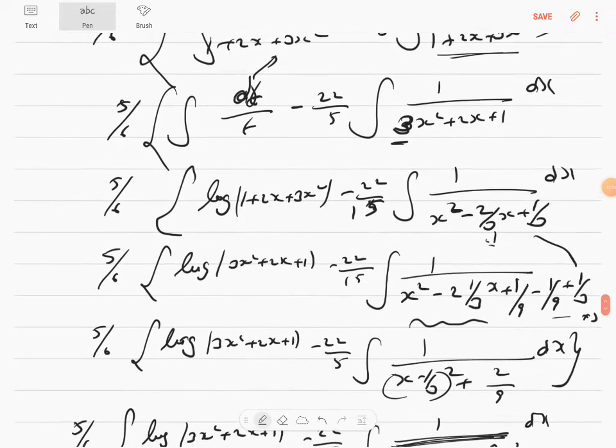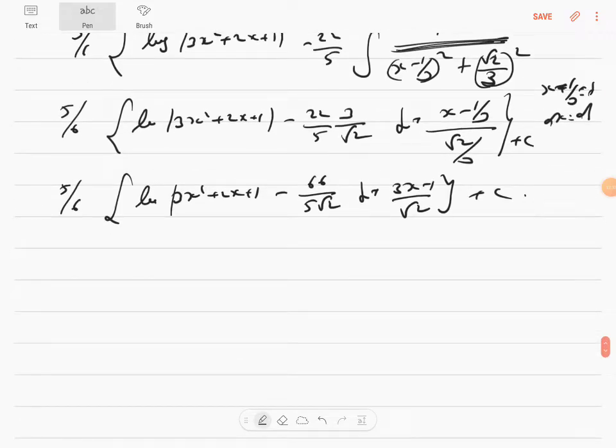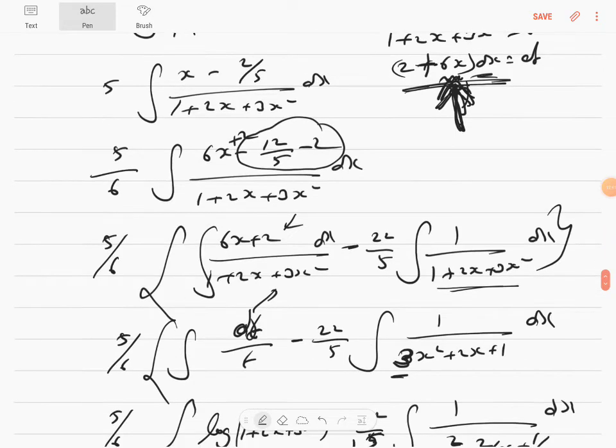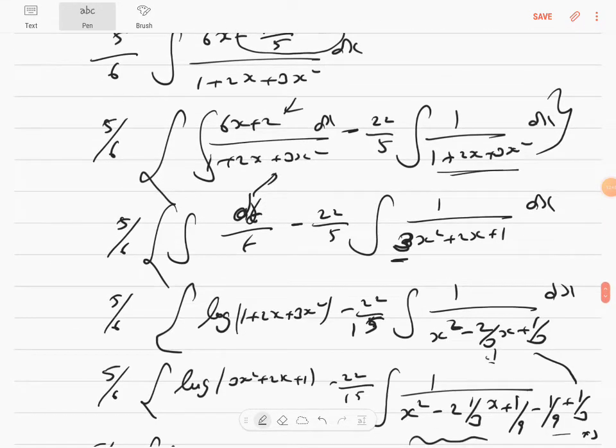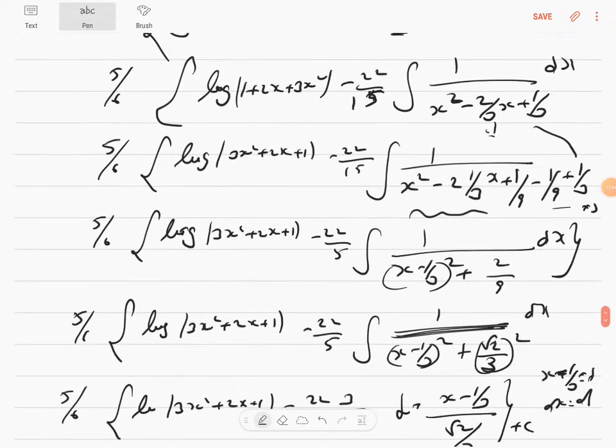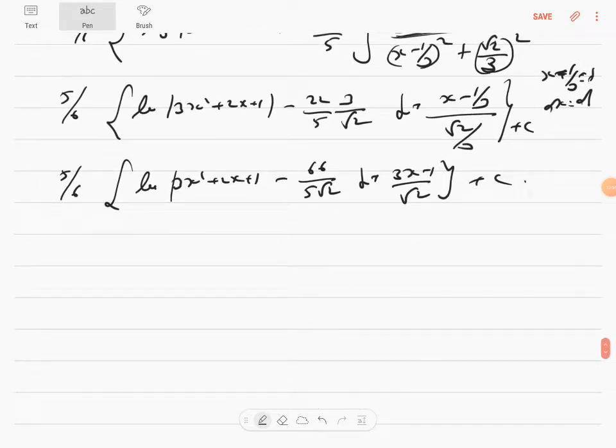Okay. 5x minus 2 by 1 plus 2x plus 3x square, I think that's 7.4. Yeah, the answer is 5 by 6, yes.